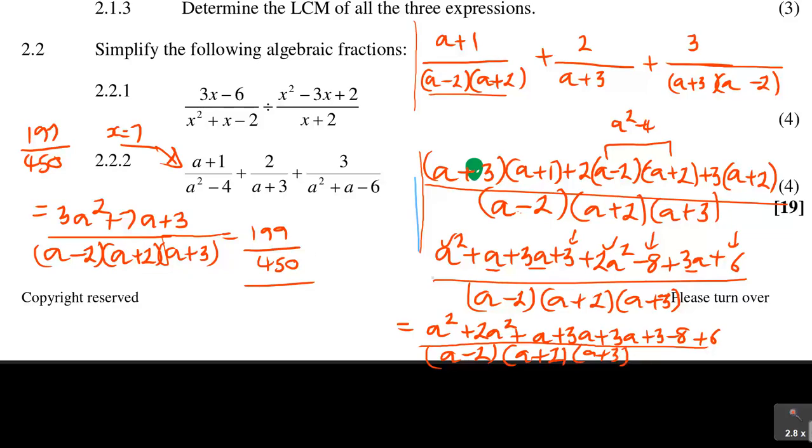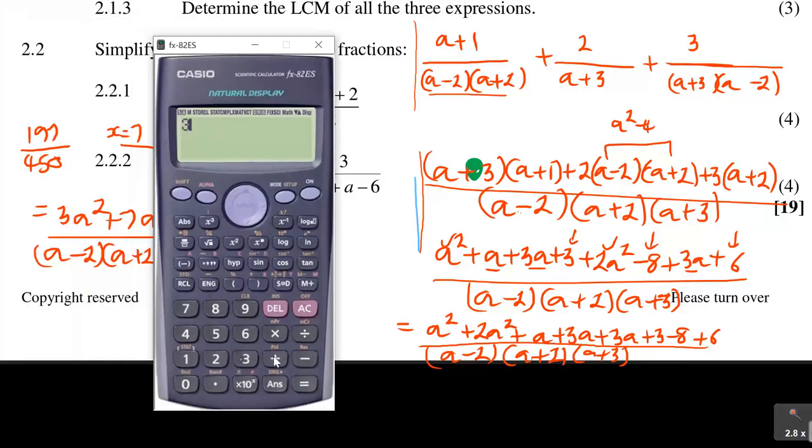Seeing that? Now let's check now. a squared plus 2a squared is 3a squared. Now a plus 3a plus 3a, which is 7a, and then 3 minus 8 plus 6, where I think is where the error is. I've got 3 minus 8 plus 6, which gives me actually a 1.